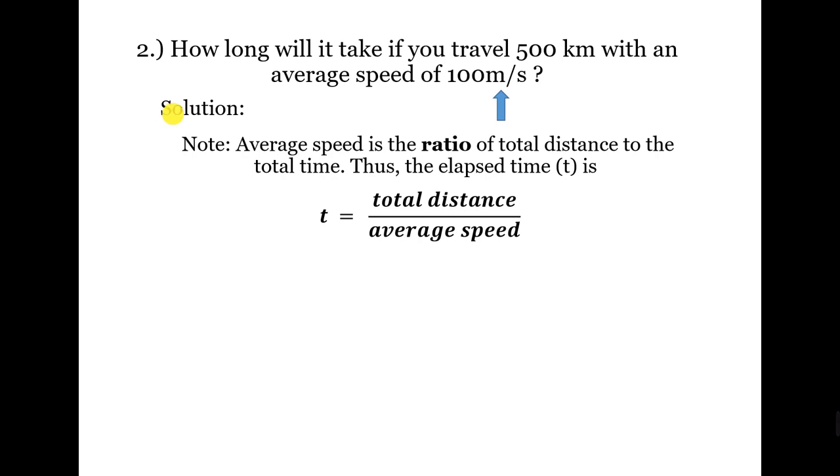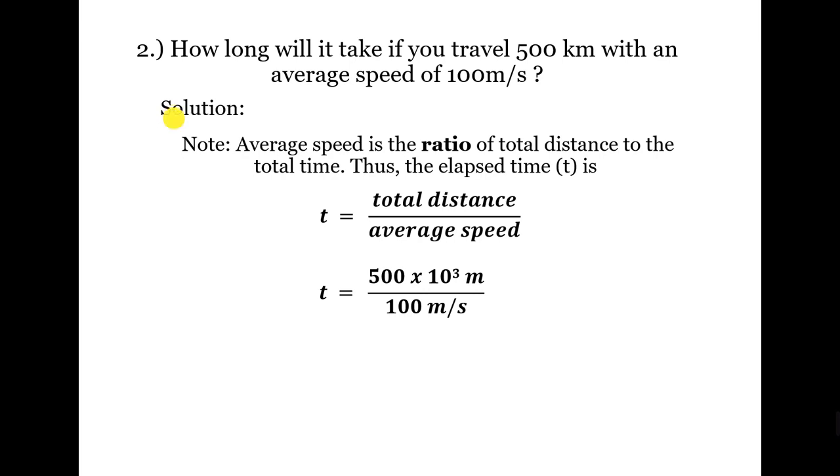Now we convert kilometers to meters. There are 1,000 meters in every 1 kilometer. Therefore, we will convert the 500 kilometers into meters, giving a value of 500 times 10 raised to 3, which is equal to 500,000 meters. Then we can now proceed to the substitution process.